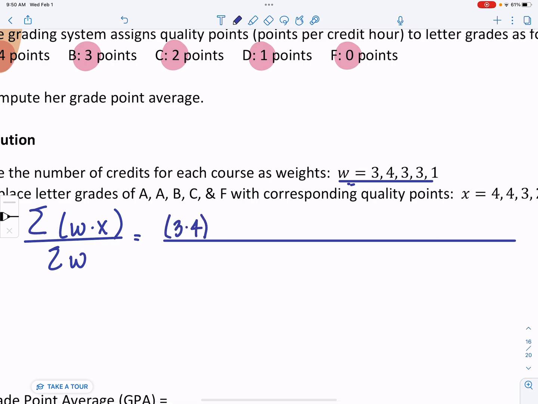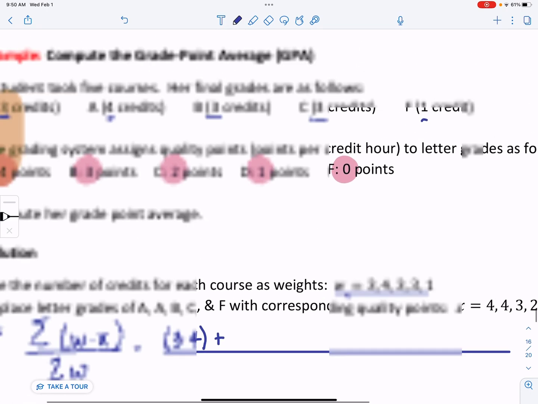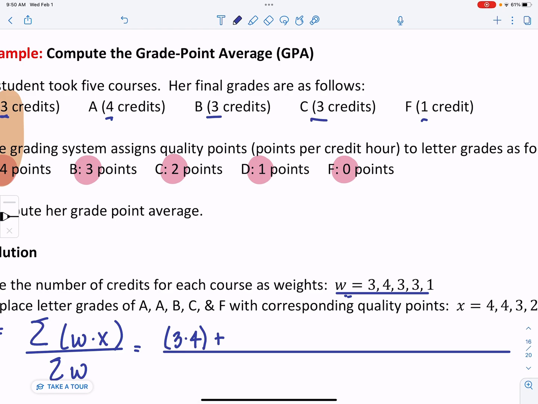Remember, sigma means add. And then I'm going to do the 4 times 4.